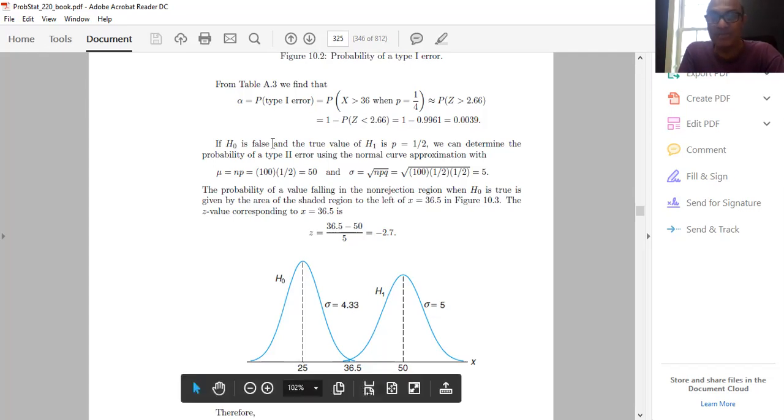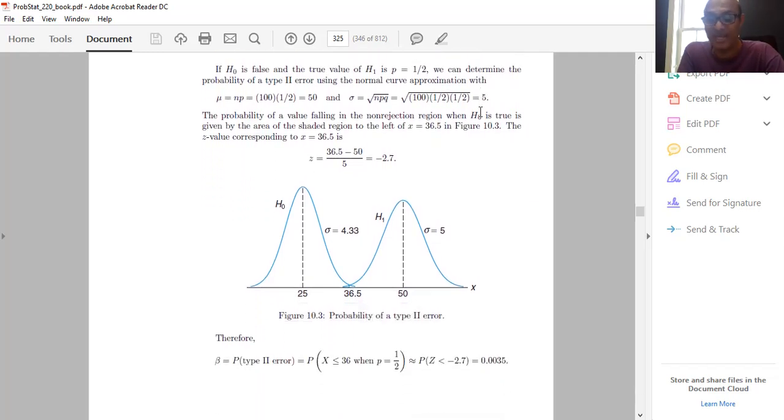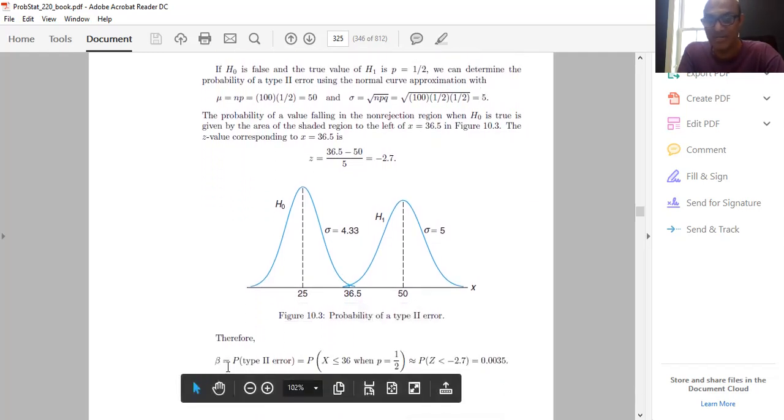Here the mean value in this problem was 25. I'm increasing this mean value to 36.5 or 50 like this, and then again I will go for the z-score, and so on until I get a good probability, more than 0.5. So that is how we can handle this. Look at here, type 2 error, that is beta, and it is given like this.